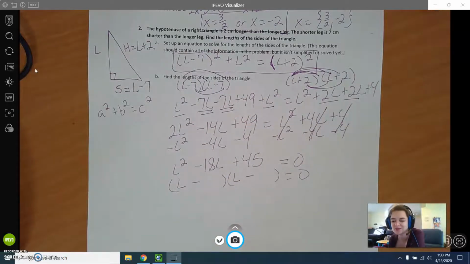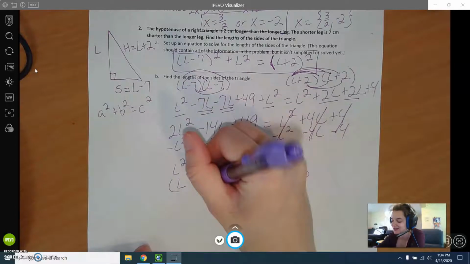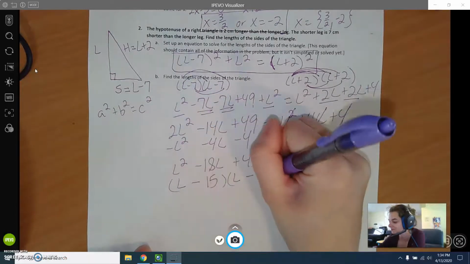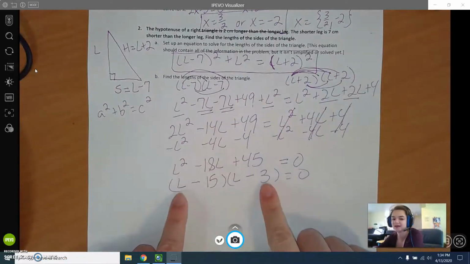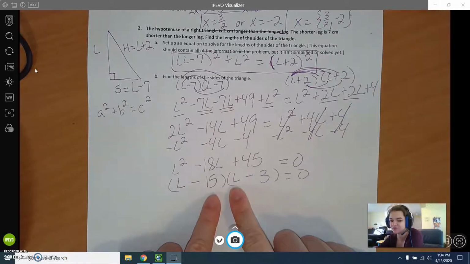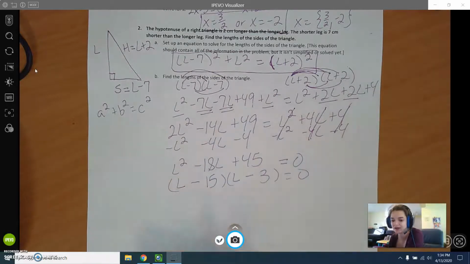And then we've got some options with 45, right? You could have 9 and 5, you could have 15 and 3, you could have 45 and 1. The way that you're going to get 18, though, is with 15 and 3, because negative 3L plus negative 15L is negative 18L.